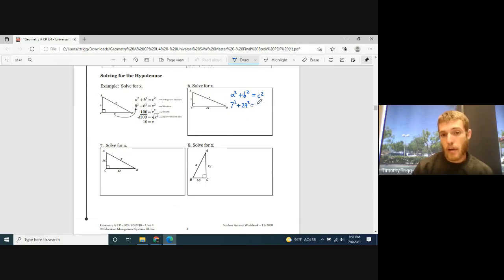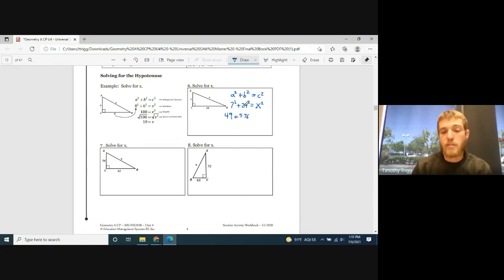In our case, the hypotenuse is unknown. We don't know what that is, but we can use this theorem to help us find it. To recall, 7 squared means 7 times 7, that's 49, plus 24 squared, which is 576.